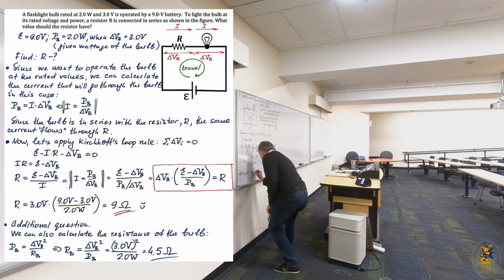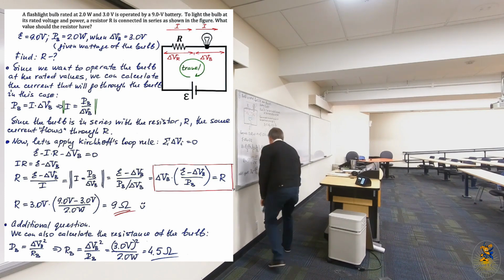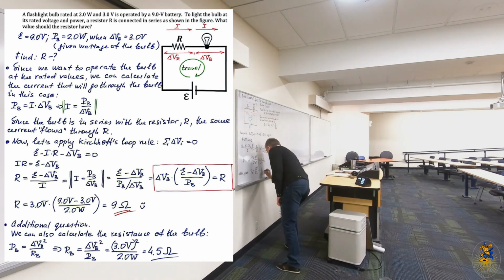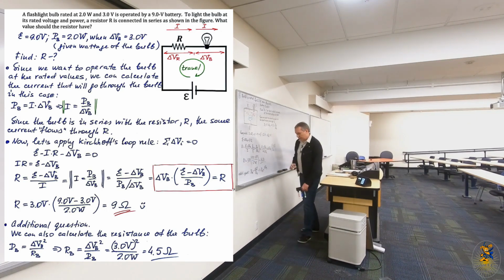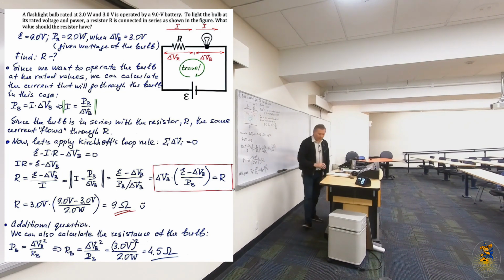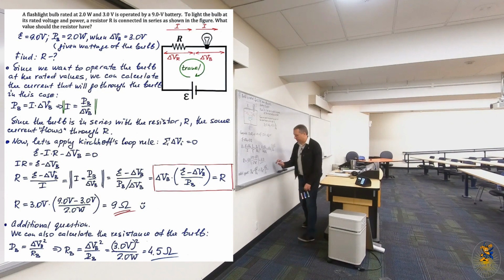P of the bulb equals to delta V squared divided by R, and of course from here, less confusing will be for everyone. So RB equals to delta V sub B squared divided by the power. If you plug numbers, 3 squared divided by 2, it's 4.5 ohms.